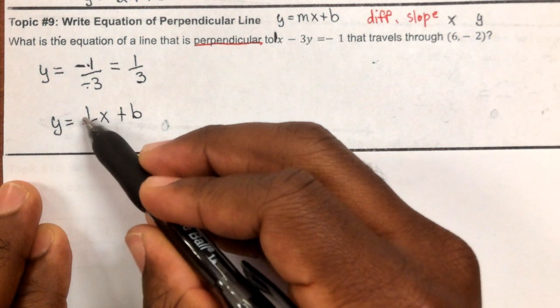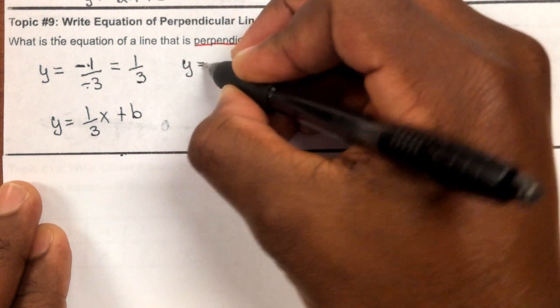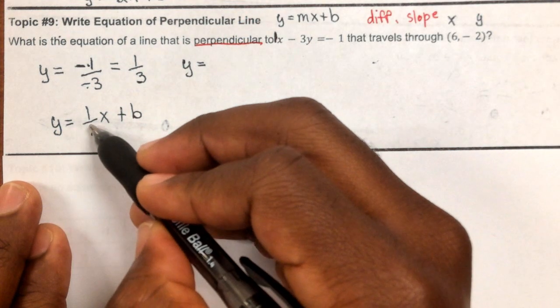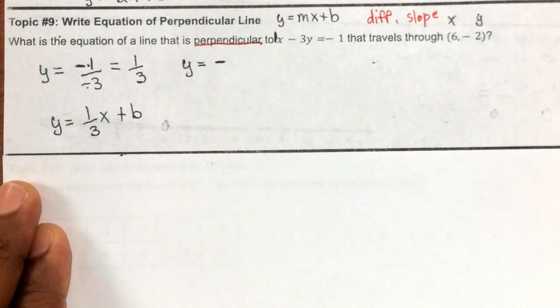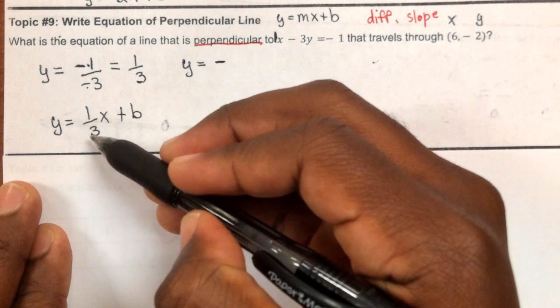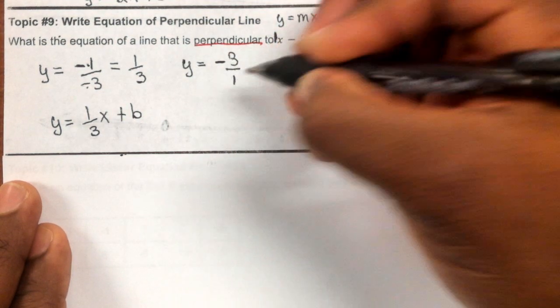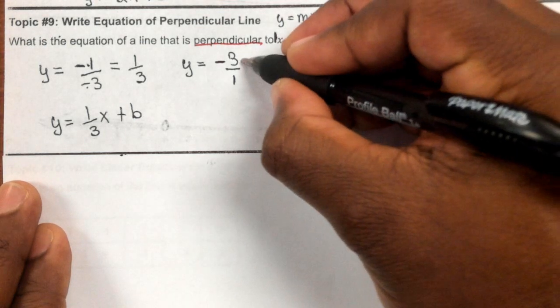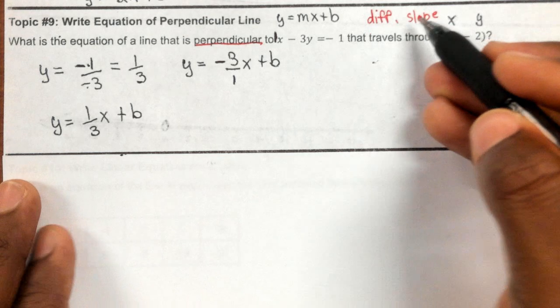To make it different, I'm going to change the sign, from a positive 1/3 to a negative. Now I'm going to flip the number, so instead of writing 1/3, I'm going to write 3/1. And that will be my new, different slope.